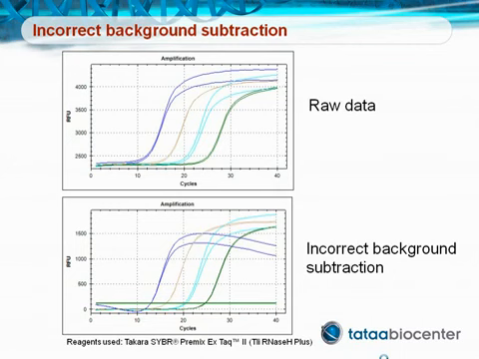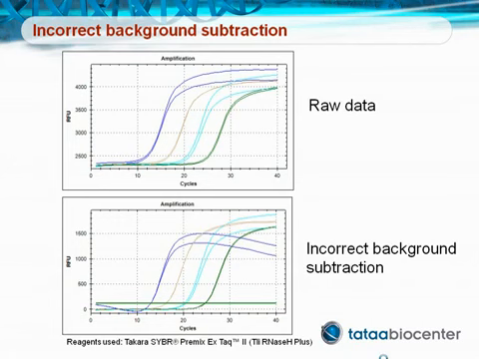By looking at the curves without background subtraction, the raw data in the upper graph, you can see that the curves there had a normal shape and that this artifact with the tilted curves has been introduced during the background subtraction. In this case, too many cycles have been used for baseline subtraction. That is, even cycles after the fluorescence has taken off and is not to be considered background anymore.